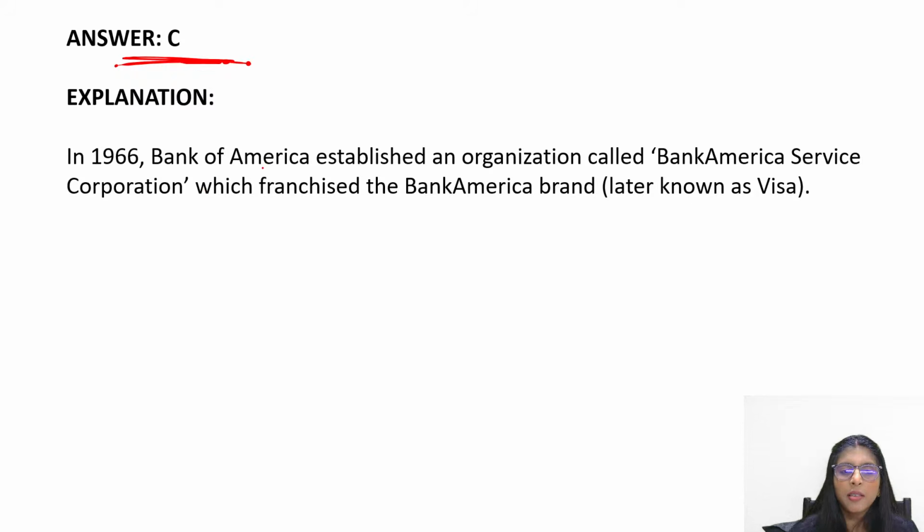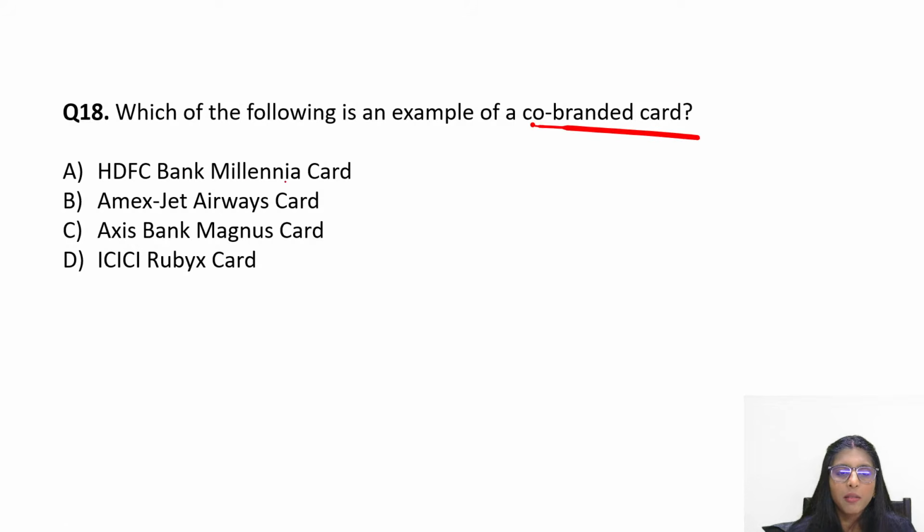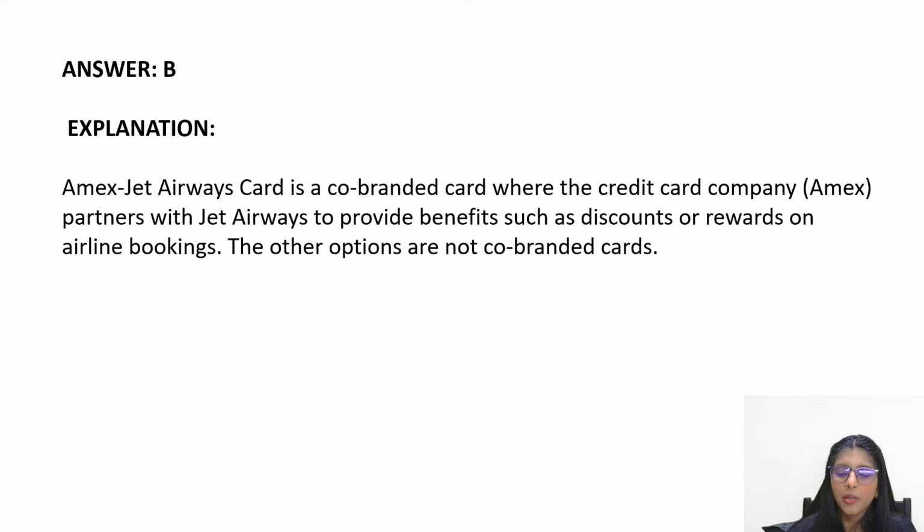Which of the following is an example of a co-branded card? HDFC Bank Millennia Card, SBI Jet Airways Card, Axis Bank Magnus Card, and ICICI Rubyx Card. An example of a co-branded card is the Jet Airways Card. Option B is the right answer.